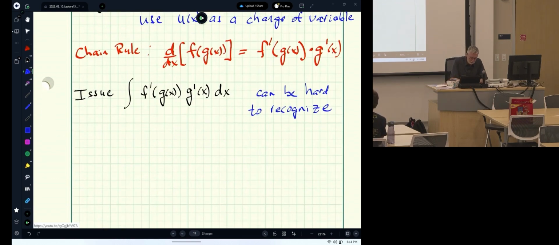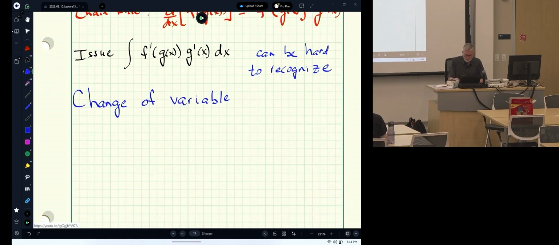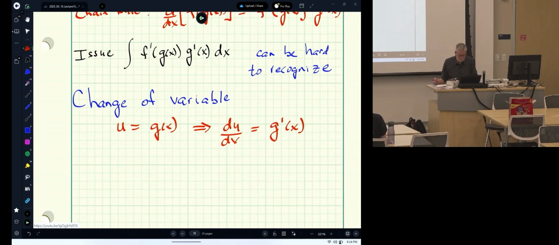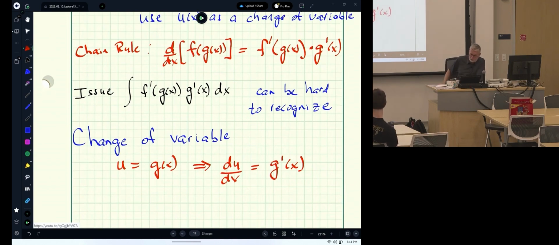So this is where the change of variable comes in. We let u equals g of x so that du by dx equals g prime of x. So I'm deliberately mixing the notations here.